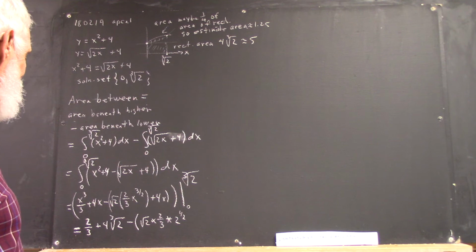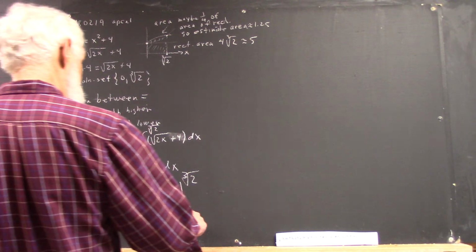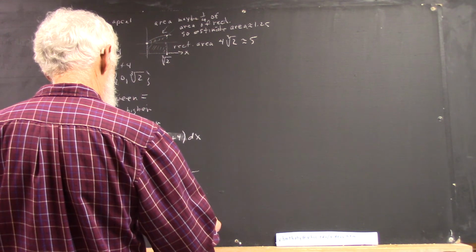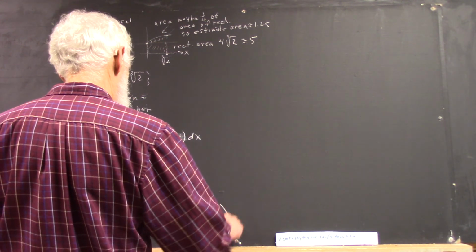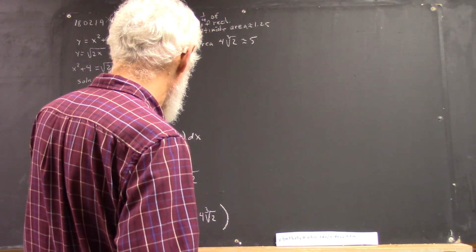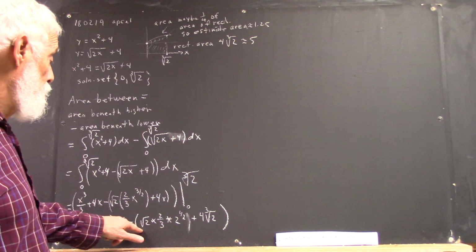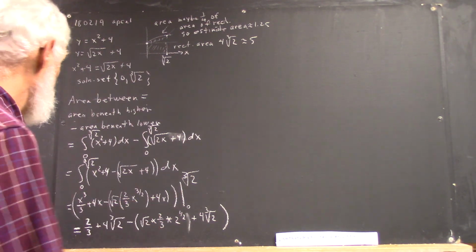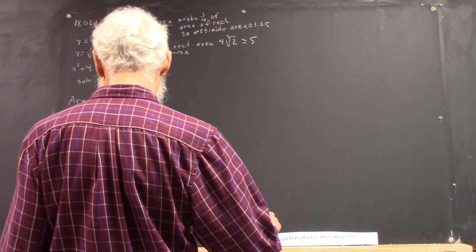Oh, maybe it's going to come out pretty close to the cube root of 2. And then it's going to be plus 4 cube root of 2, all that in the parentheses, and I don't know why I closed that parentheses, except I was being careless. So, square root of 2 times square root of 2 is 2, that's 4. It's kind of fun to just go ahead and do this. Of course, we do it with the calculator.